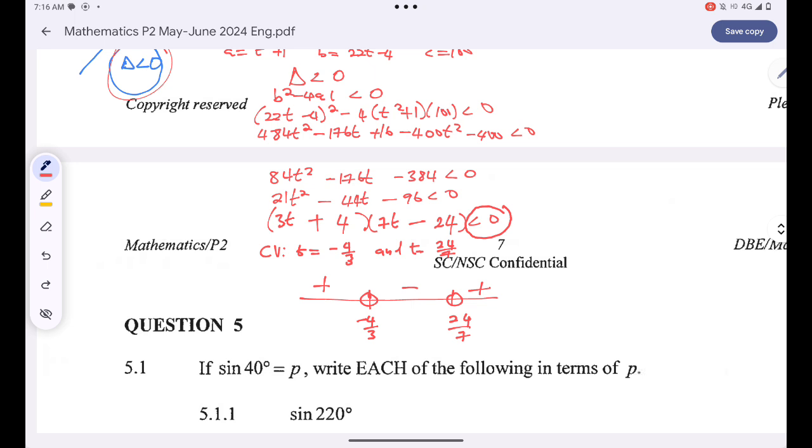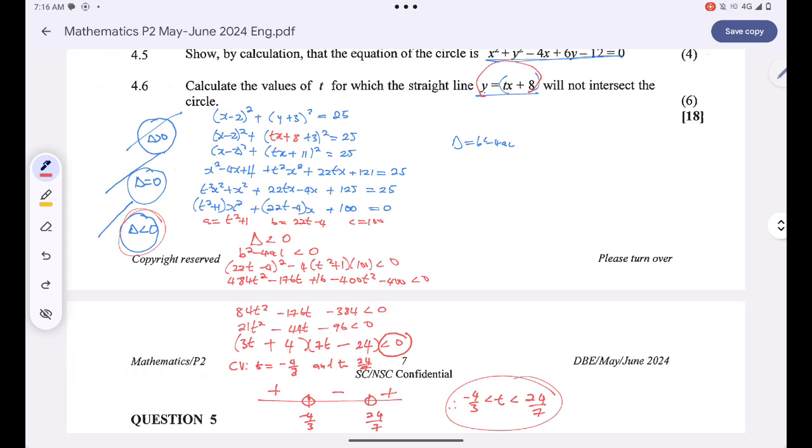On my number line, I can only see minus between the two critical values. Therefore, t must be between negative 4 over 3 and 24 over 7. That's how, guys, you are supposed to tackle this thing over there. t is just a number between negative 4 over 3 and 24 over 7.